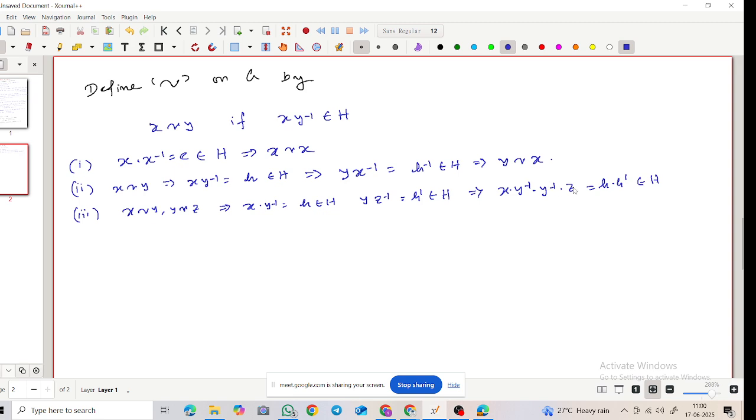This is x z inverse, which is in H. So x is related to z. Thus, this is an equivalence relation.